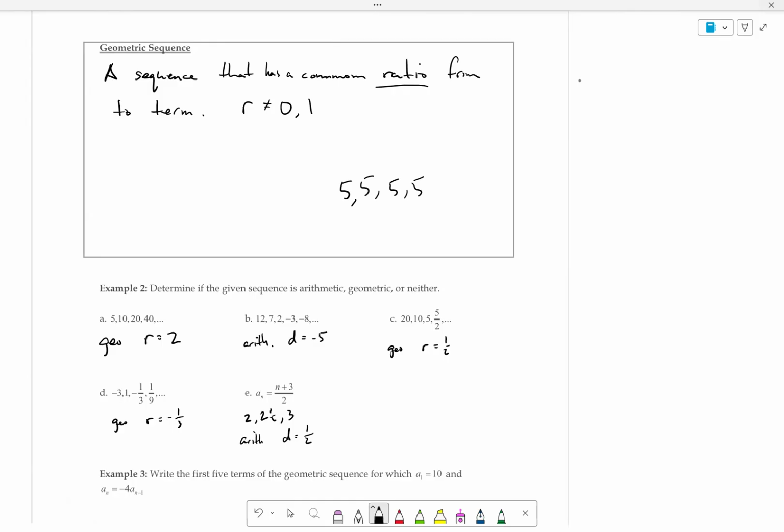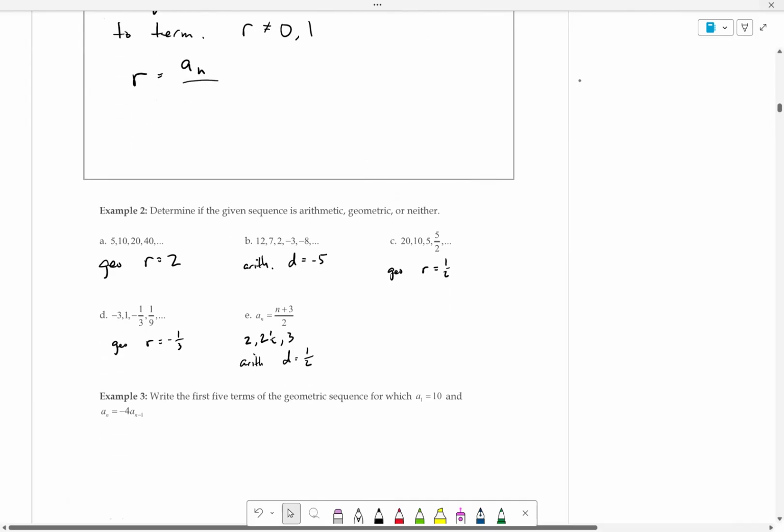With a common difference of 0. So r is either got to not be 0 or 1. To get the common ratio, we always take a sub n and divide it by the previous term, which we call a sub n minus 1, always.